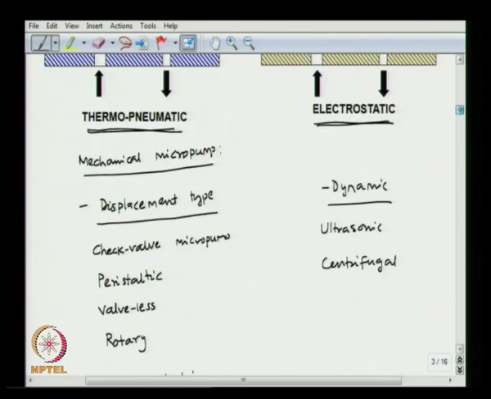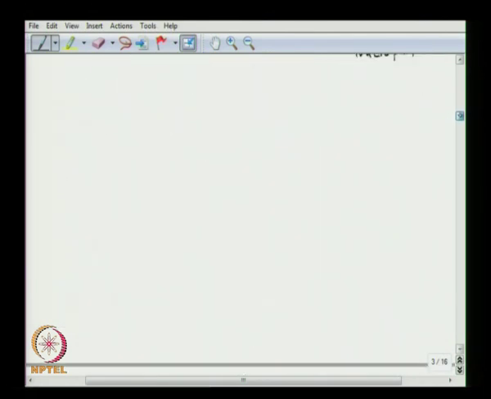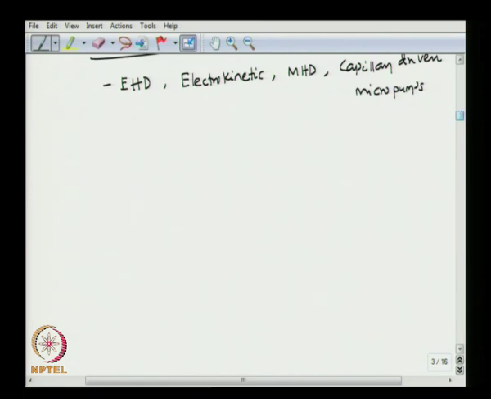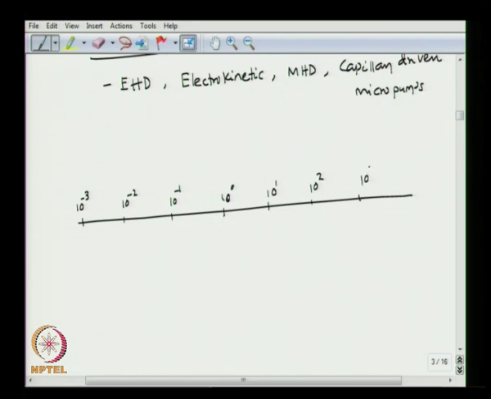So, let us look at what the ranges of flow rates are that the different micro pumps can offer. If you draw a scale here, let us say this is 10 to the power minus 3, and this is 10 to the power minus 2, 10 to the power minus 1, 10 to the power 0, then 10 to the power 1, 10 to the power 2, 10 to the power 3.